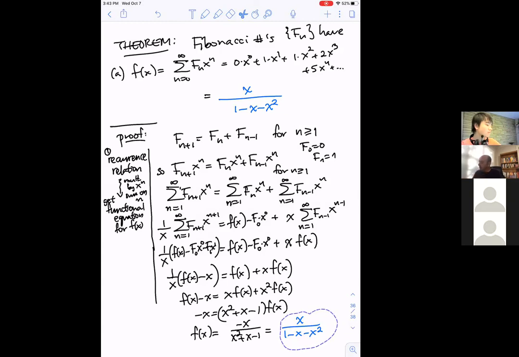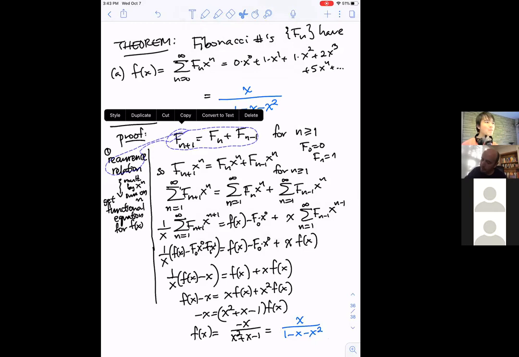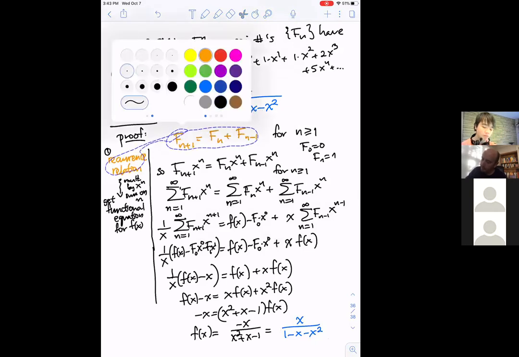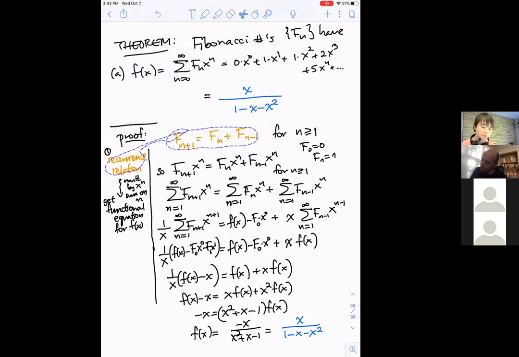Okay, so the key point is you get this functional equation here. Let me make the steps color coded. You start with the recurrence relation. The functional equation is what I would call this thing right here that we derived at this stage.